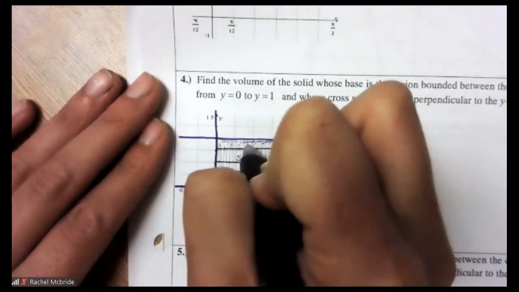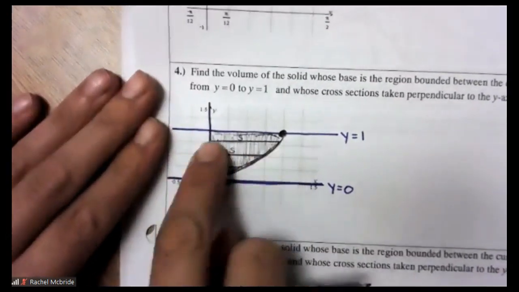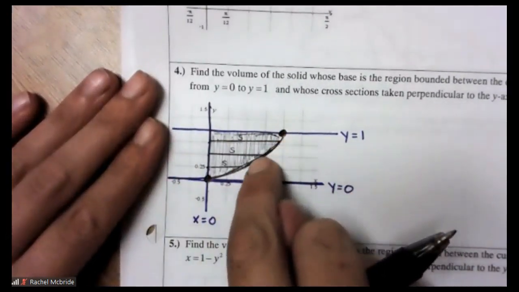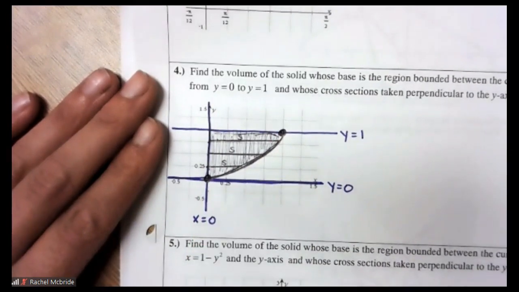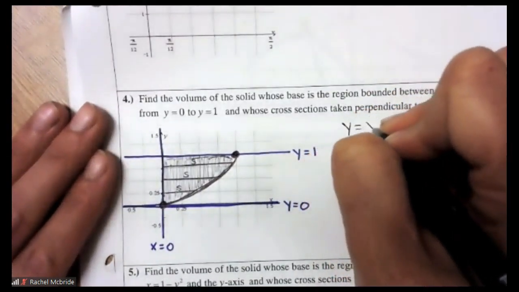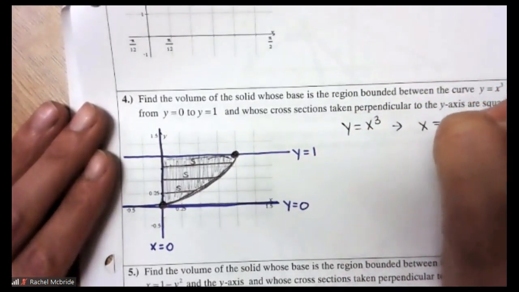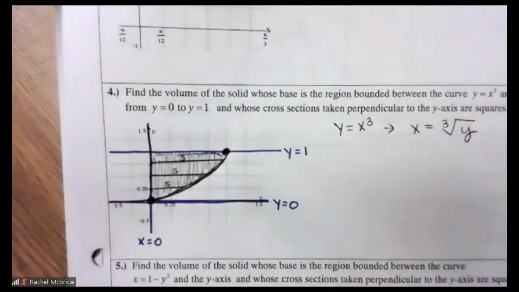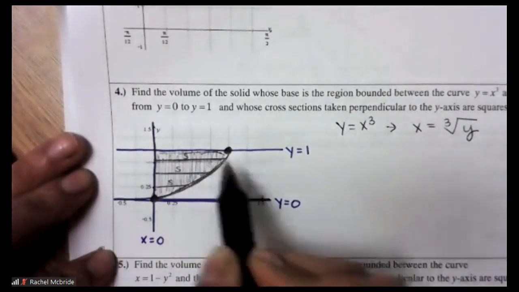So these are my s's. That s length is represented by this curve to this curve. So I'm going to take y equals x cubed and rewrite it as x equals the cube root of y, so that I can represent this length as a function.